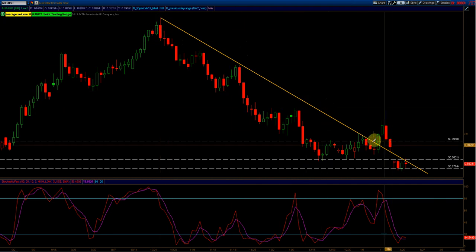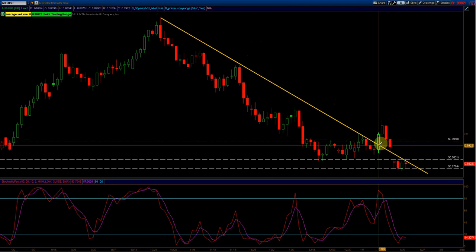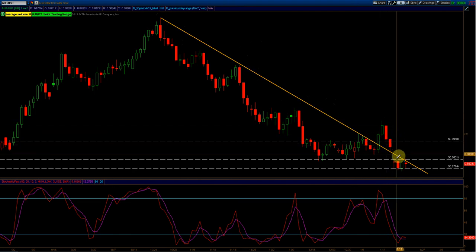And when we got to this recent area, about January 3rd, it broke through that when we had the unexpected, well below forecast non-farm payrolls data that came out. If you remember, that caused a huge jump in the Australian currency, and then we drop down.